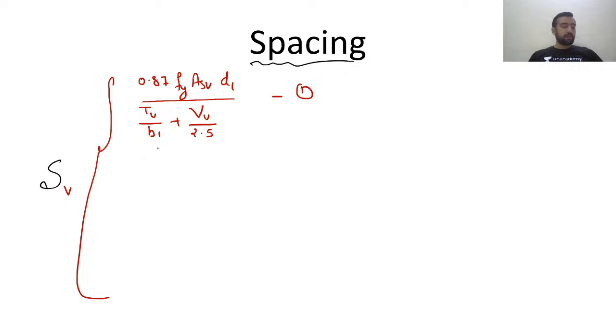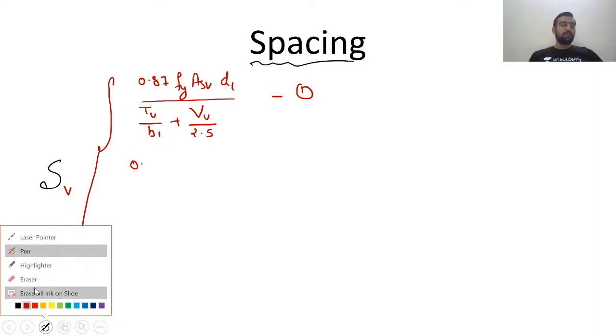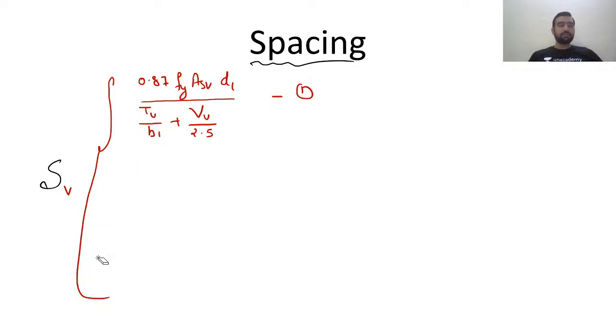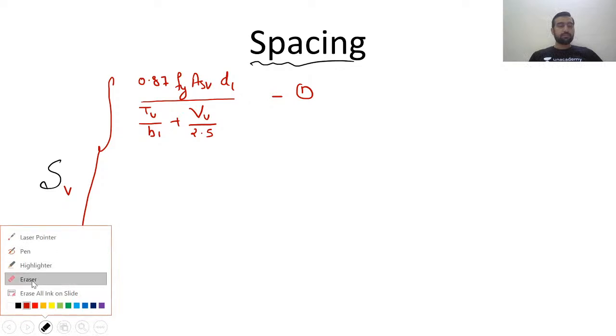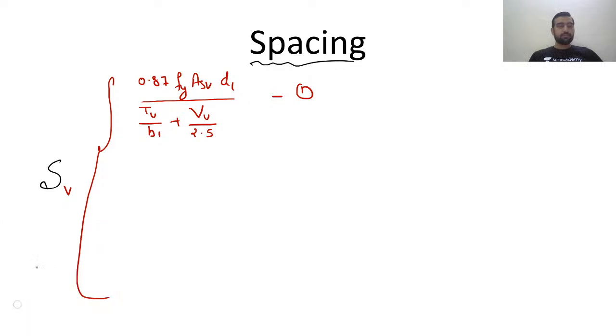Second expression was 0.87 fy Asv. So guys, before proceeding to the calculation of spacing, first of all you have to assume the area of the stirrups.